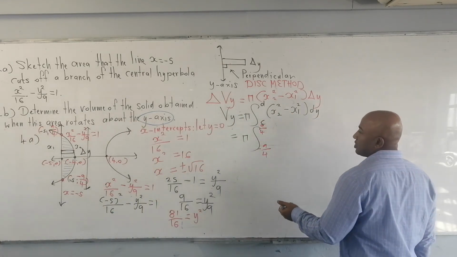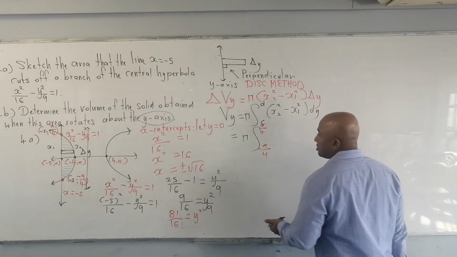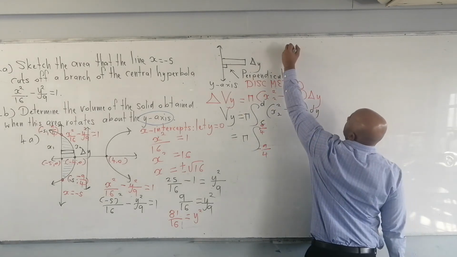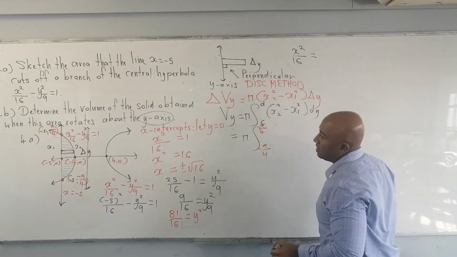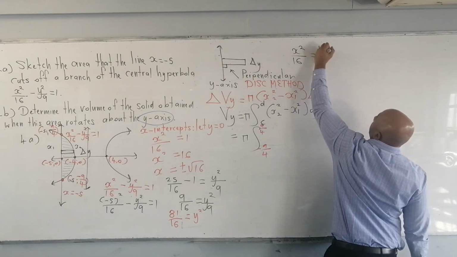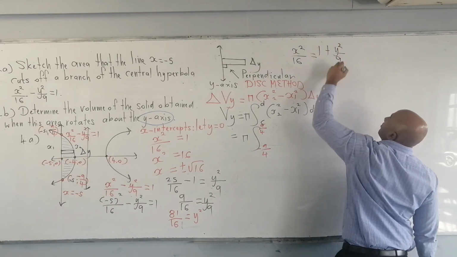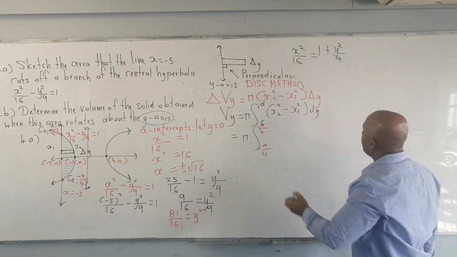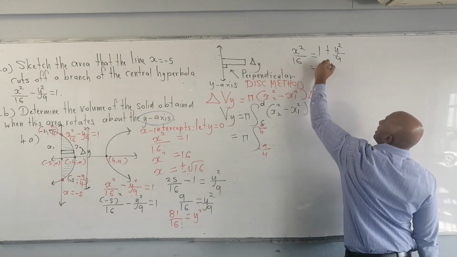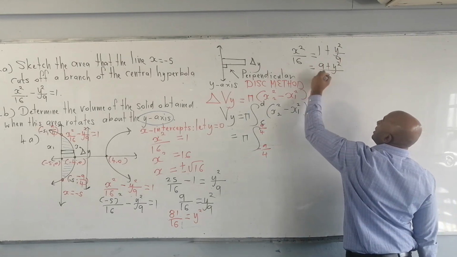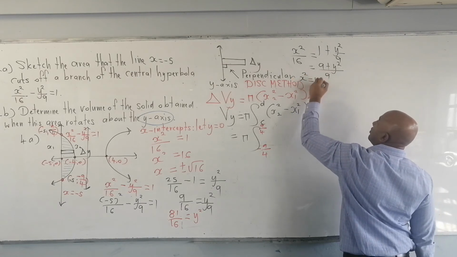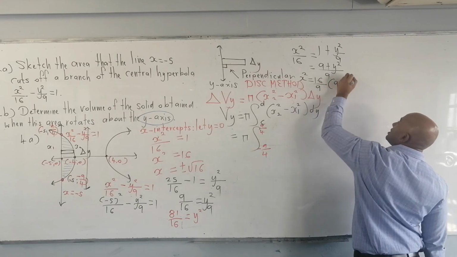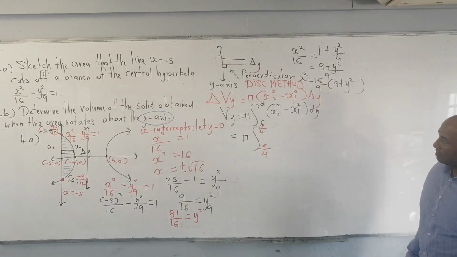So x2 squared, let's make x2 squared the subject of the formula. So I've got x squared over 16 is equal to 1 plus y squared over 9. That's going to be 9 plus y squared over 9. So x squared is going to equal 16 over 9, and that is 9 plus y squared.